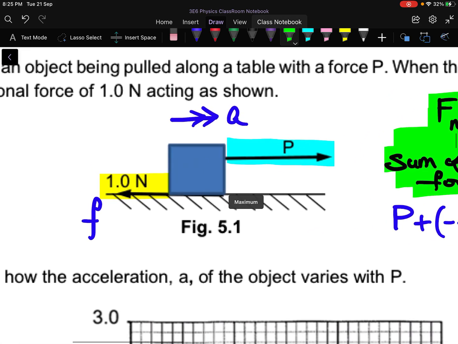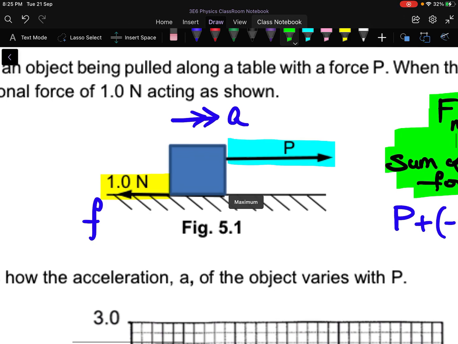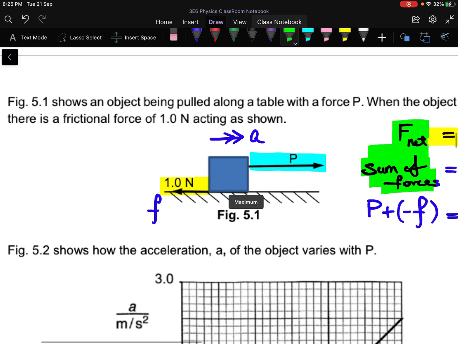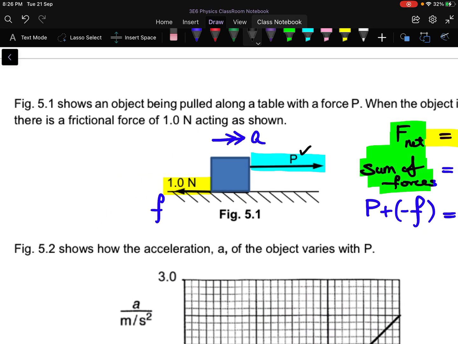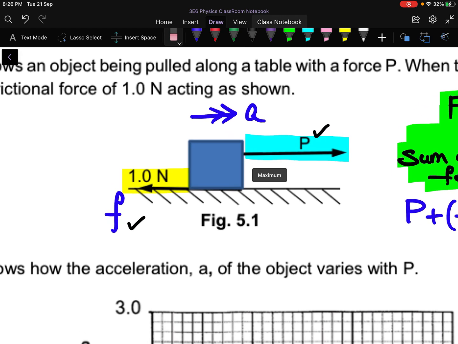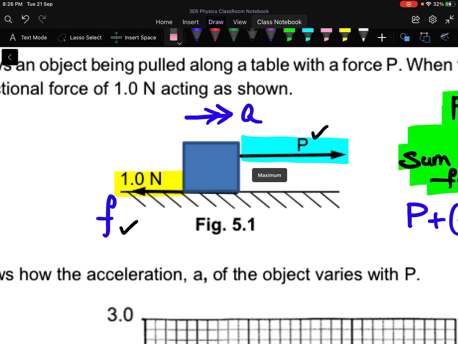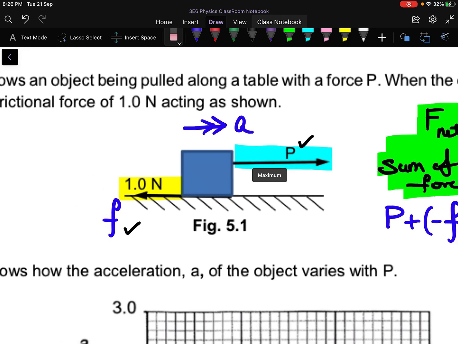In this case, the horizontal forces. So when I say sum of forces, you cannot say I have P plus F plus W plus N. You cannot. You choose the dimension that you want to talk about, so in this case, all the horizontal forces.